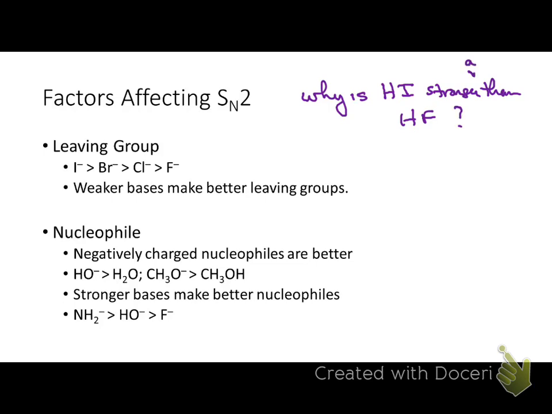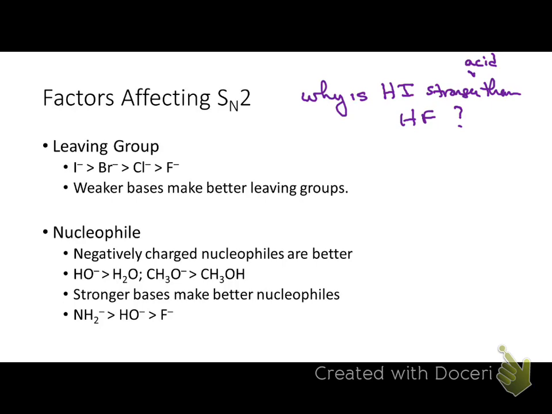Stronger acid, I should say. It's not got muscles or anything, but yeah. So, why is HI a stronger acid than HF? You guys remember? It's because it's larger. And what does that do? What's that? It allows the electrons to spread out more, yeah, right?